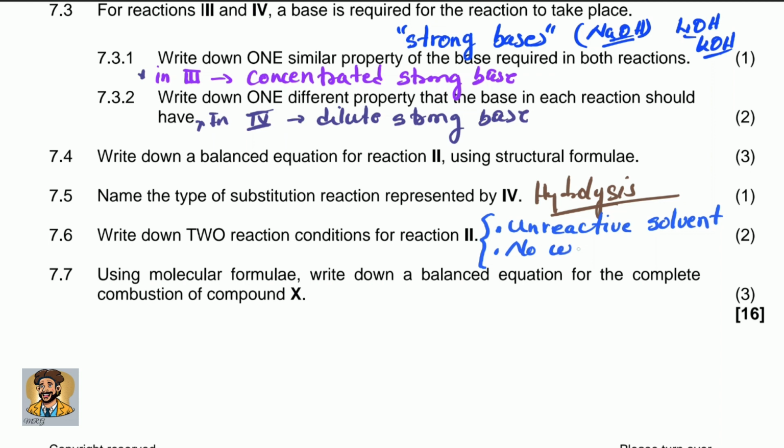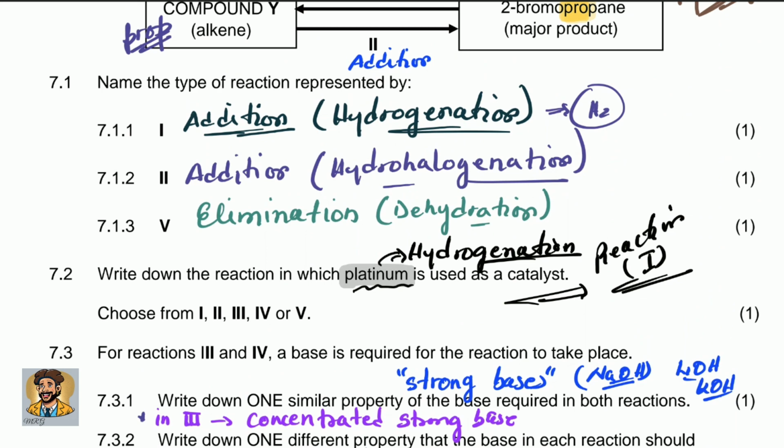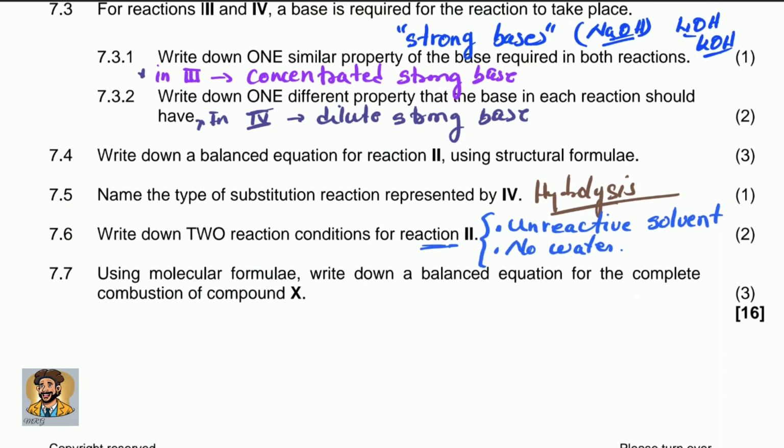So no water present. That is the two condition for this type of reaction 2. Remember, we already mentioned that reaction 2 is hydrohalogenation, and we already did the balance equation for that.